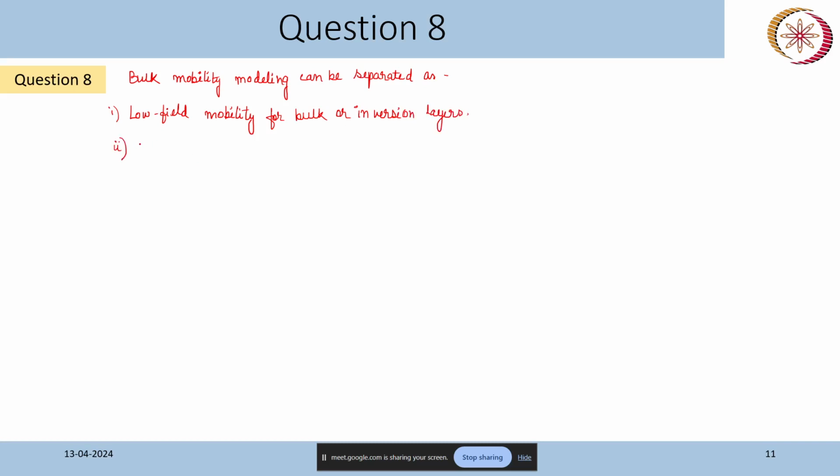Next is low field mobility to account for velocity saturation effect.